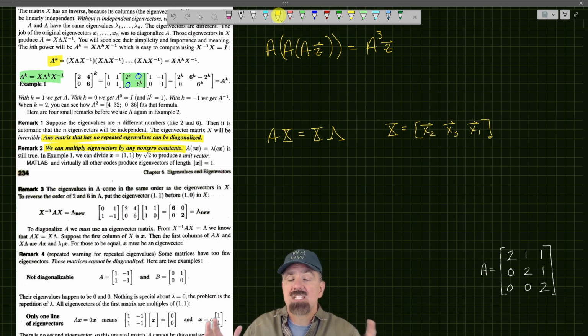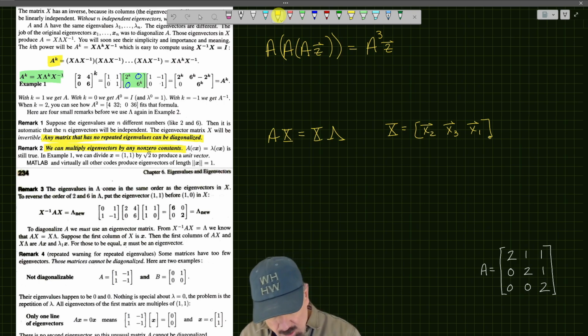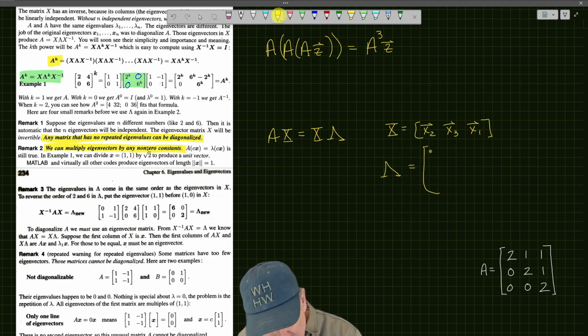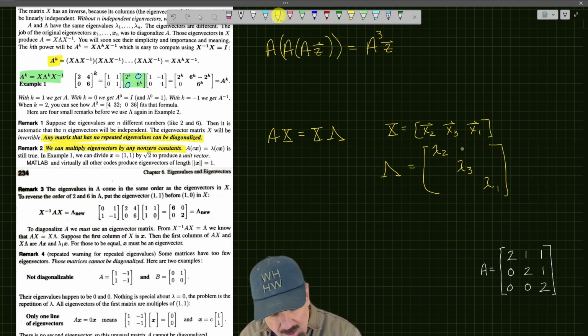There is no specific order for the eigenvectors. We can swap them around. So the diagonalization is not unique. The only thing we have to make sure of is that lambda has to match up. We would have to put the second eigenvalue and then the third eigenvalue and then the first eigenvalue on the diagonal. And of course, all these other entries are 0.